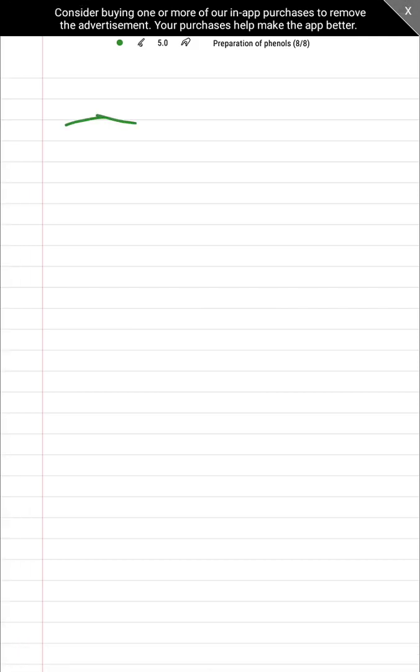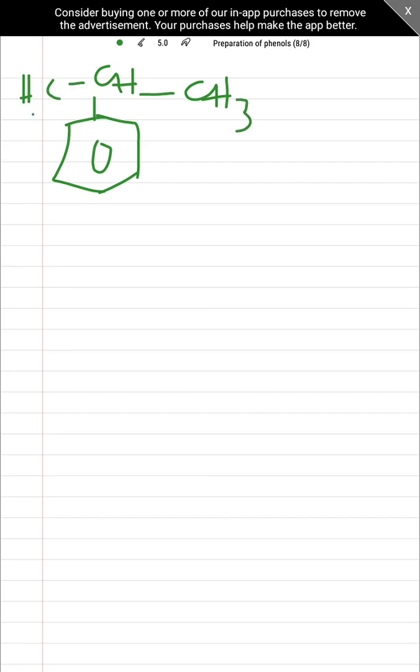Look here: isopropyl benzene, this is CH, this one is CH3 and this also CH3. When cumene is subjected to oxidation, we get the product in presence of water.